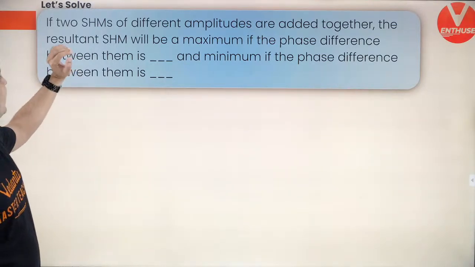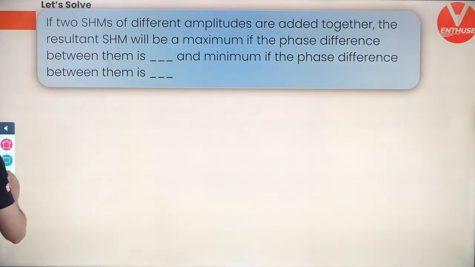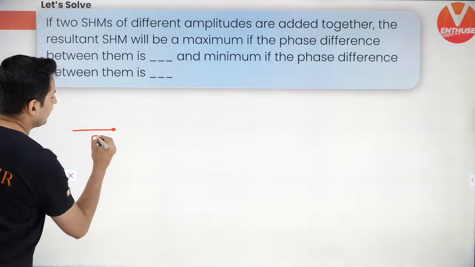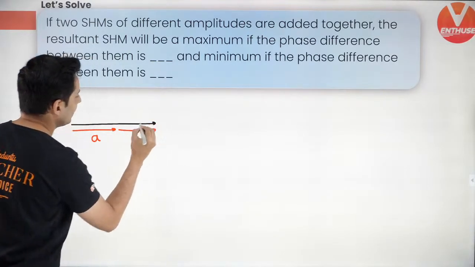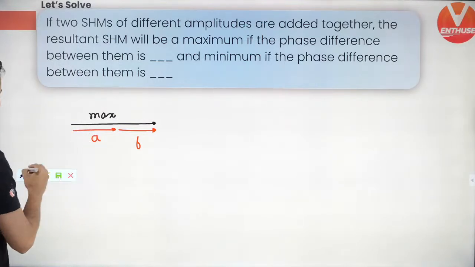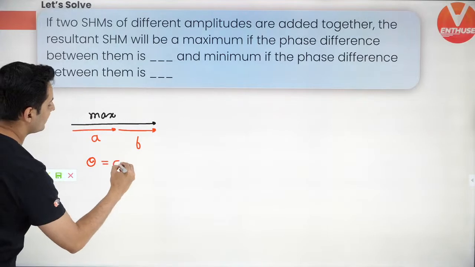So the resultant will be maximum for what angle? Think about it, guys. It's just like vectors. When will two vectors A and B give maximum resultant? That's when the angle theta between A and B is 0 degrees.